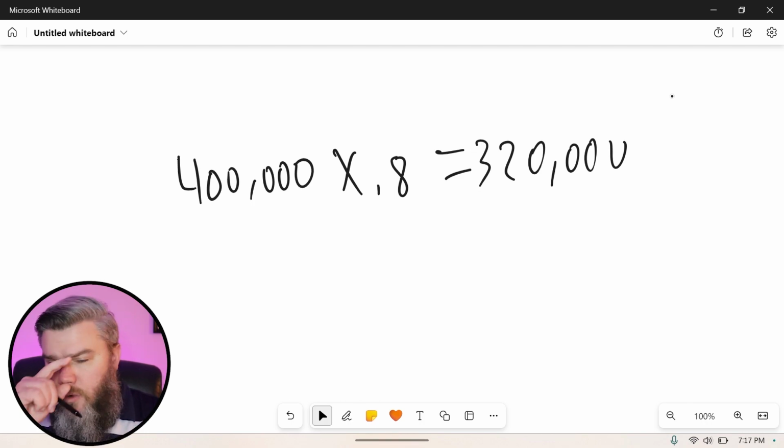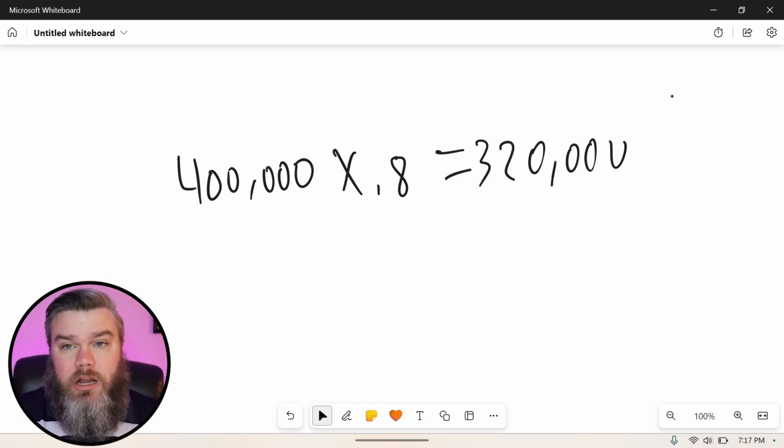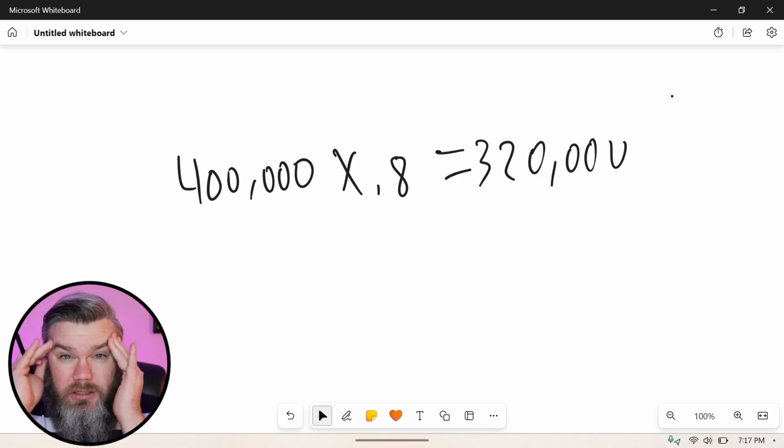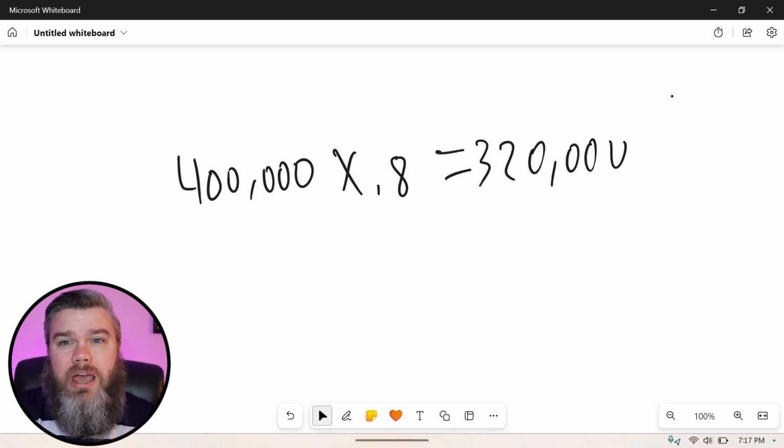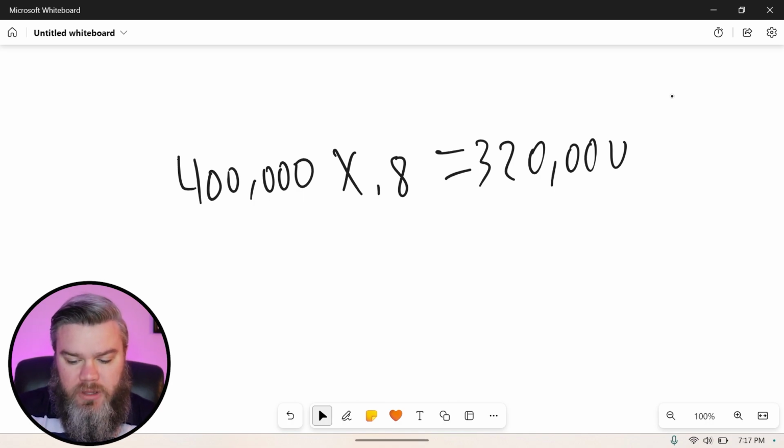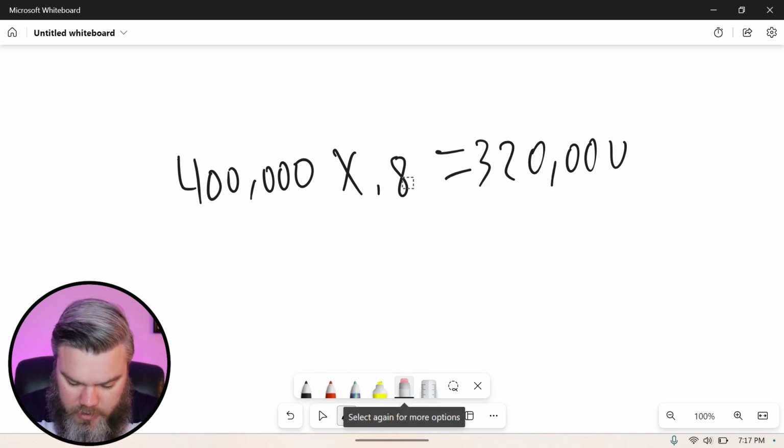Well, algebra comes into play here because if we were dealing with a scenario and we were missing one of these variables, you can think linearly. And then all you have to do is put it in a format you're comfortable with and then rearrange it. Let me give you an example.